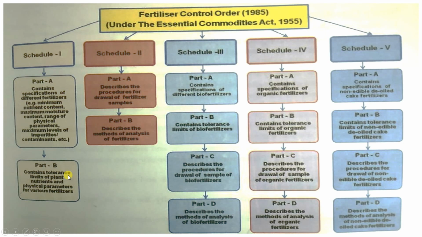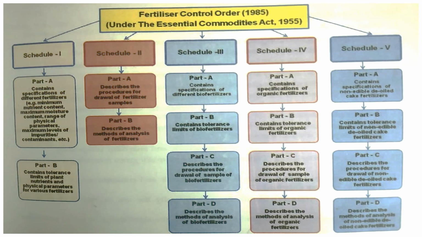Then Schedule 2, Schedule 3, Schedule 4 and Schedule 5. Schedule 2 consists of two parts and the other schedules consist of four parts. Schedule 2 covers the procedure for withdrawal of fertilizer samples and the method of analysis of fertilizer. It is the inspection procedure: how to draw a sample from multiple samples and how we should analyze fertilizers. They have an inspection team for that.